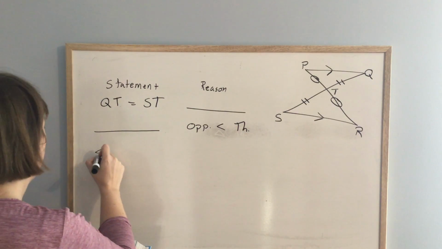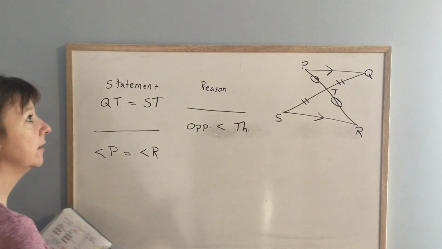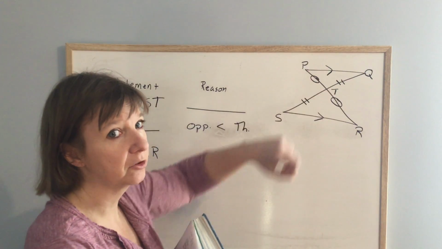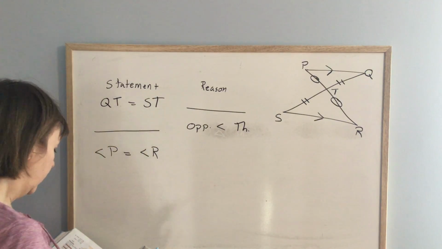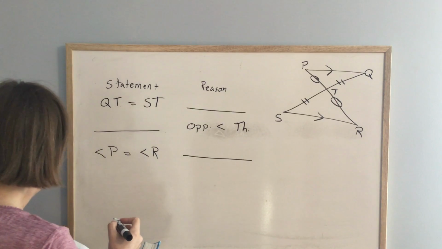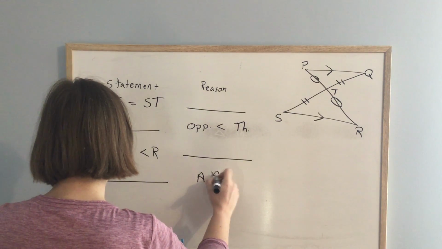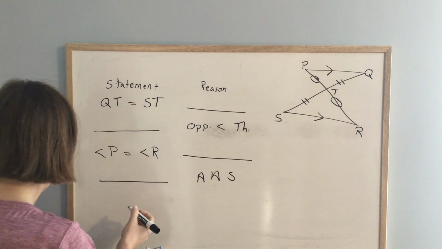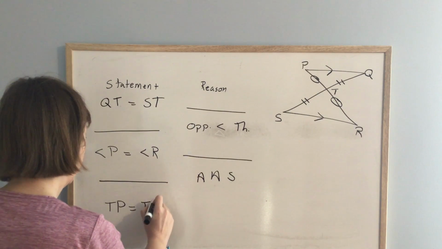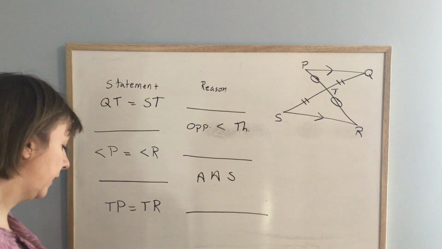And then they say angle P is equal to angle R. Again, the reason why they only use one letter versus three is that at angle P, there's only one option. And they leave a blank, and then they leave a blank, and they say angle, angle, side. I think I know what goes there. And then TP is equal to TR, which is what we want to prove, but they want to know why. Why can we say that?